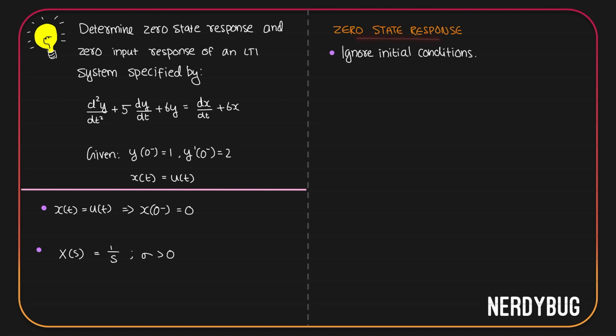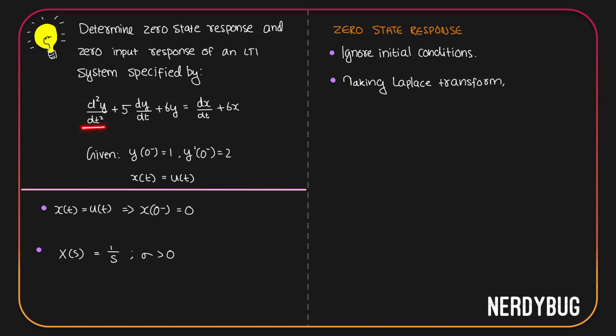Now, to write the zero state response, we have to ignore all the initial conditions. That is, we'll ignore y of 0 minus, we'll ignore y dash of 0 minus, and x of 0 minus, which is 0 anyways. So let us take a Laplace transform of our differential equation.